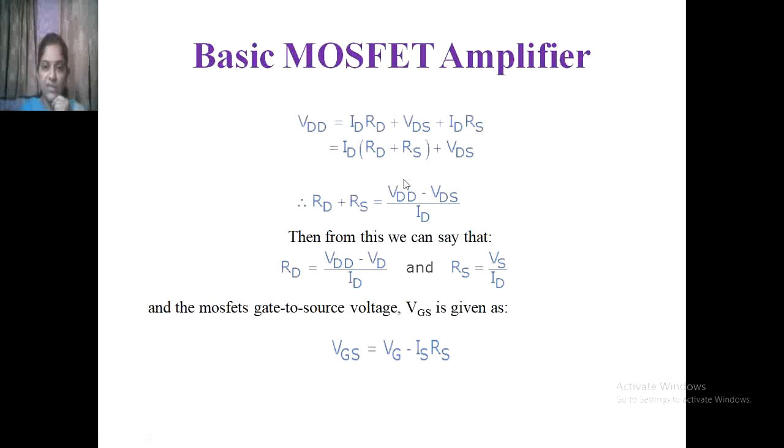Rearranging this, ID is in the denominator and minus VDS. Then from this we can say that RD is equal to (VDD minus VDS) divided by ID, and RS is equal to VS divided by ID.